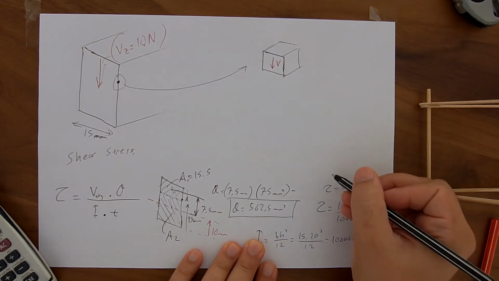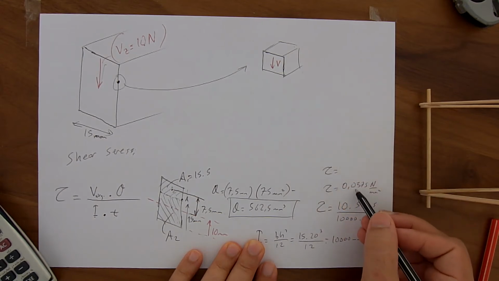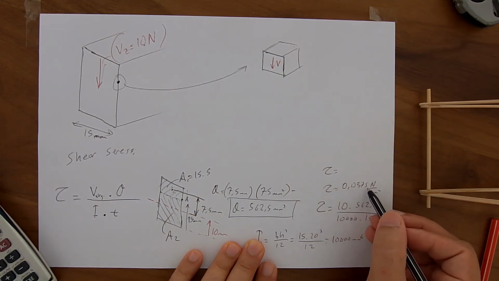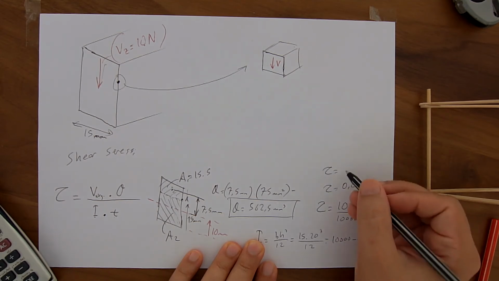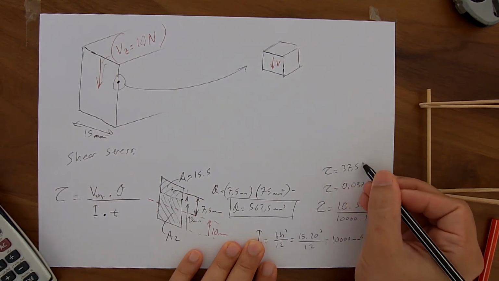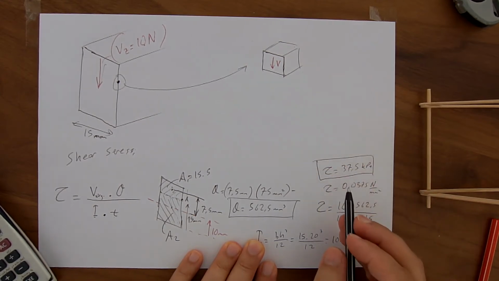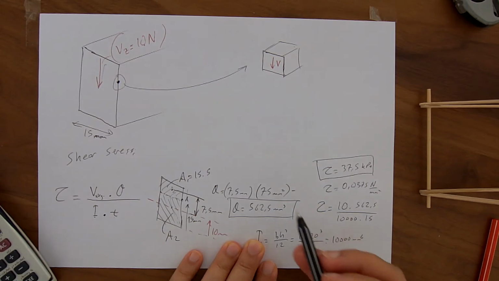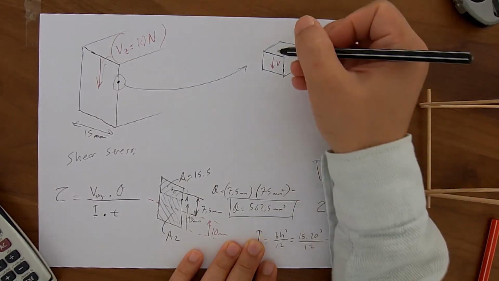This means tau is equal to 0.0375 megapascal, and converting into kilopascals, it is 37.5 kilopascals. So the shear stress acting on the point A is 37.5 kilopascals.